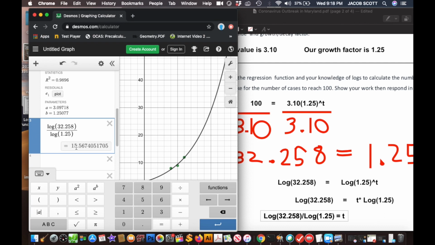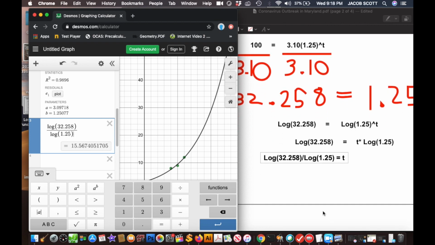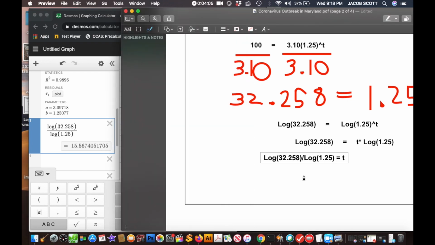And that equals 15.5. So t equals 15.57.